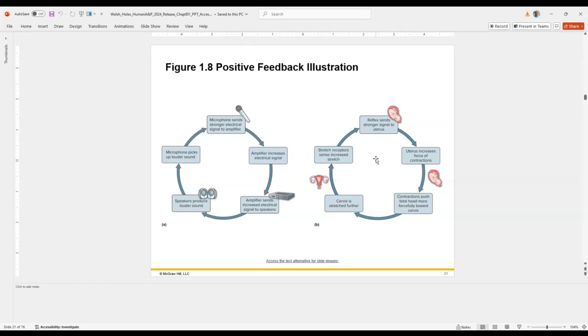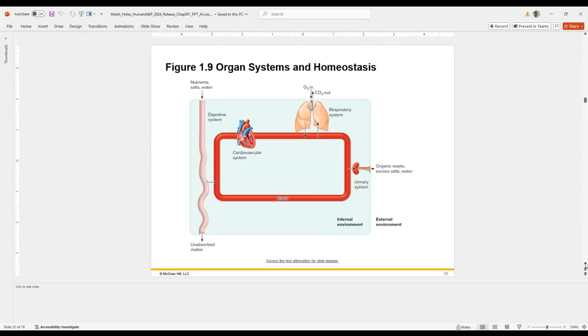They compare that to the uterus contracting, which causes more contractions, which causes more contractions. Okay, so all of these things work together, all organ systems work together for homeostasis to try to keep things even. All your systems work together.